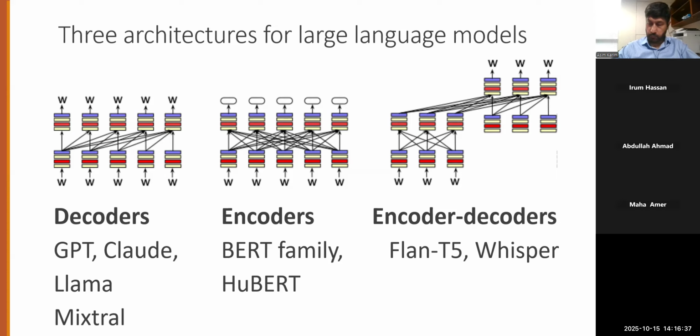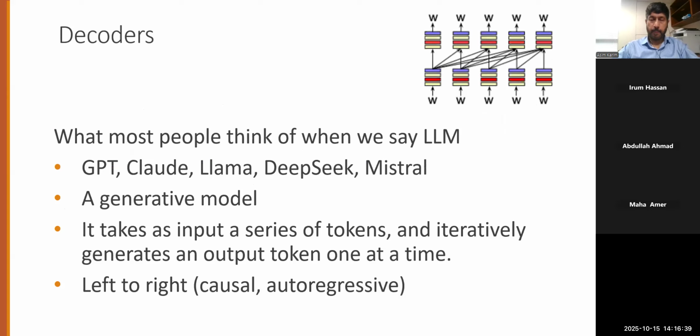Okay, so let's move on to the next slide. So this is the decoder. It takes an input as a series of tokens and generates one token at a time, one word at a time.